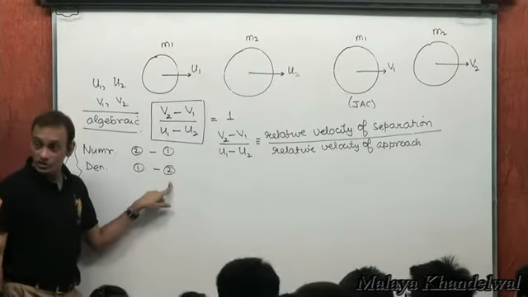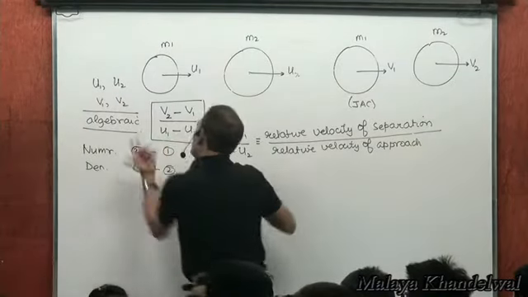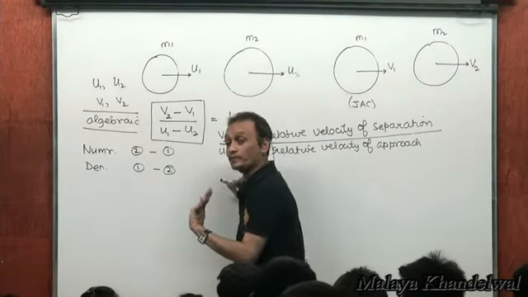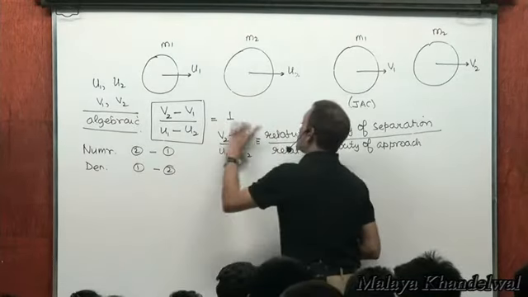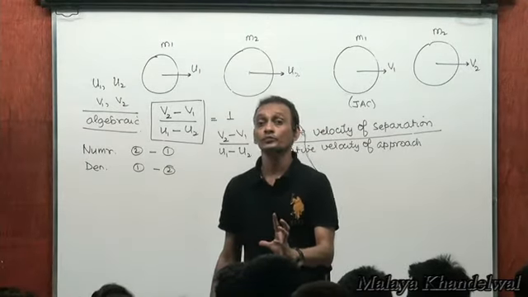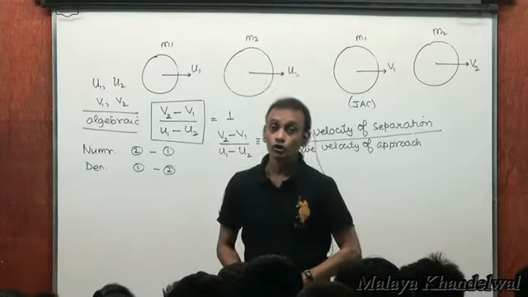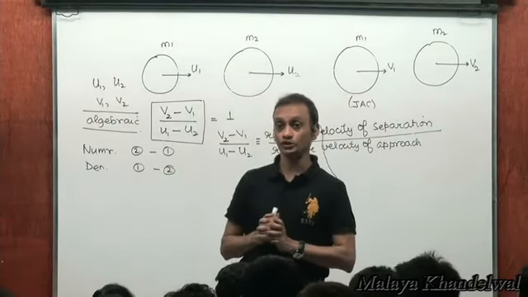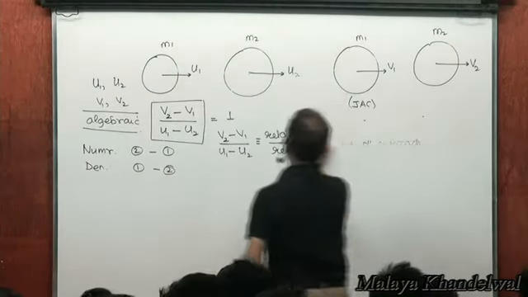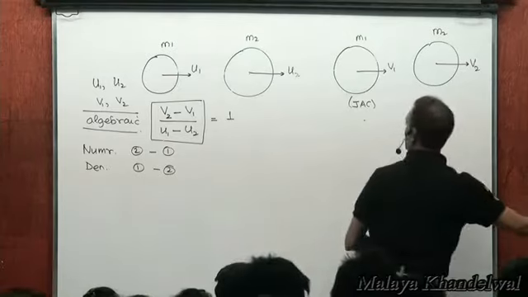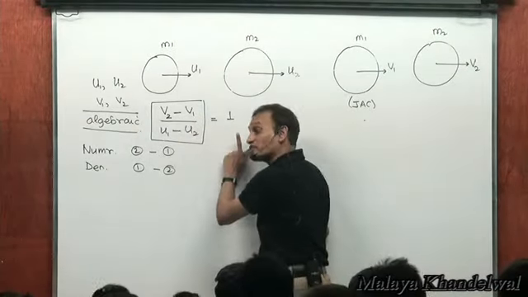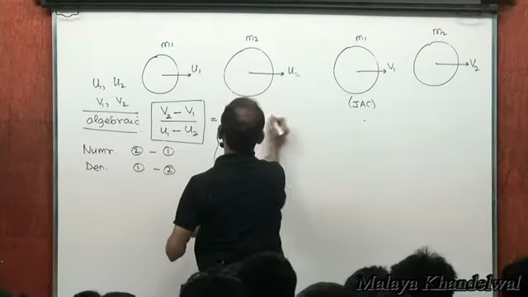These are algebraic differences, and if I took numerator 1 minus 2, then denominator should be taken 2 minus 1. That's an important thing, right? This quantity actually determines the nature of collision in terms of the elastic quality of collision. In a perfectly elastic collision, this will always be 1.